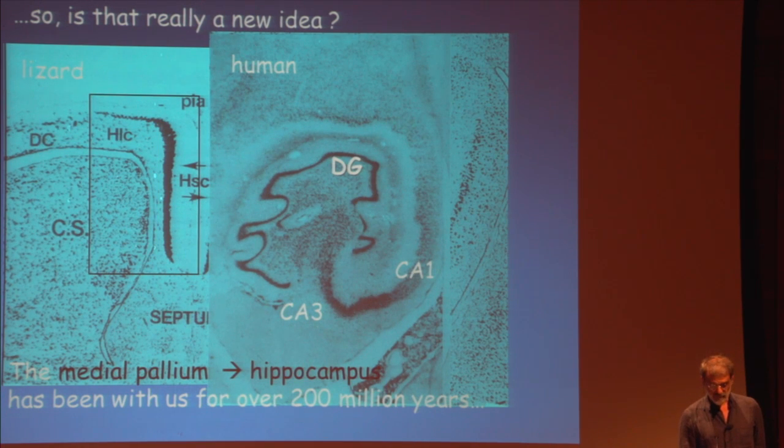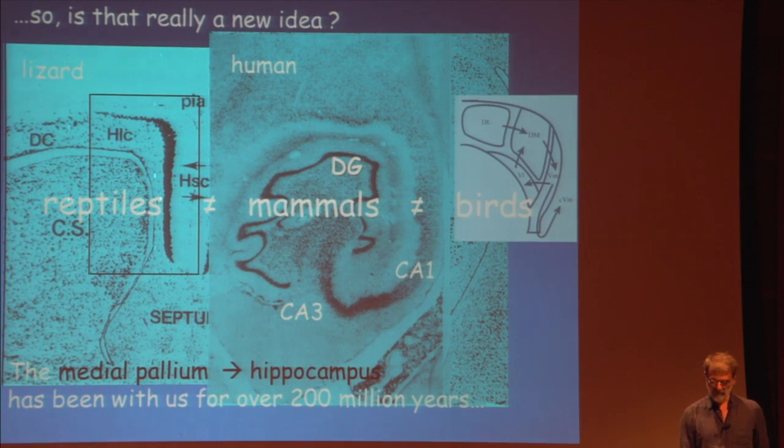So the mammalian hippocampus is different from the reptilian hippocampus, and is different from the hippocampus of birds, that we won't go into, that also has a more structured organization, but different from the one of mammals.